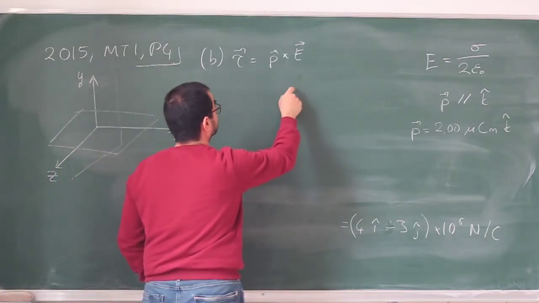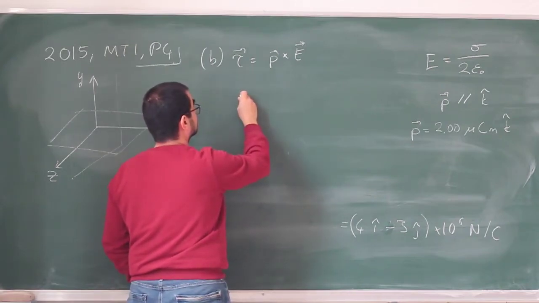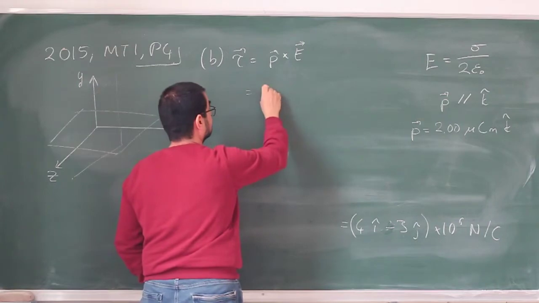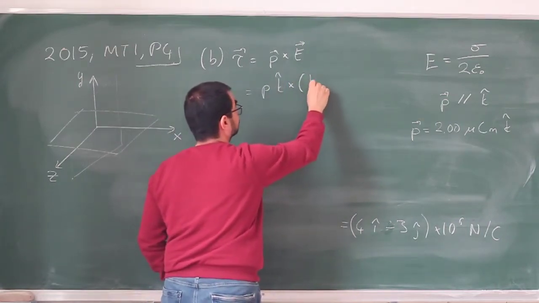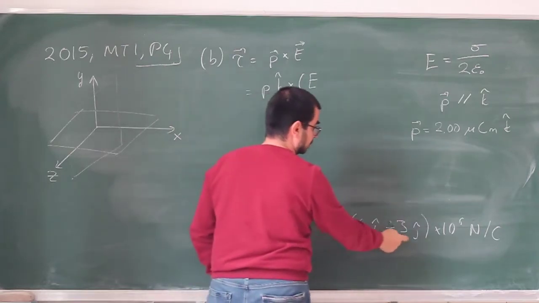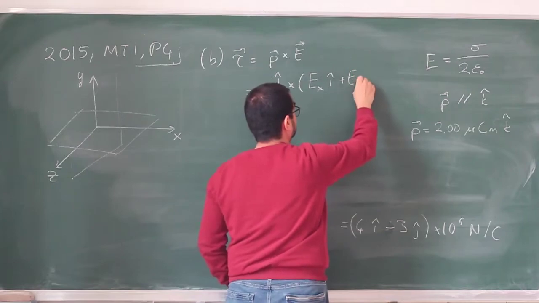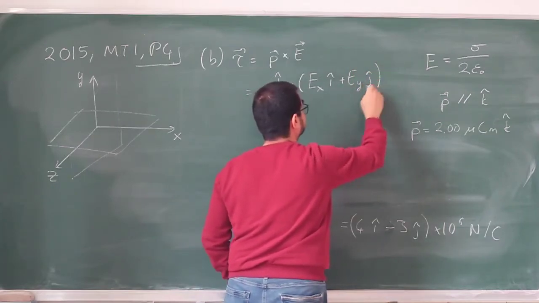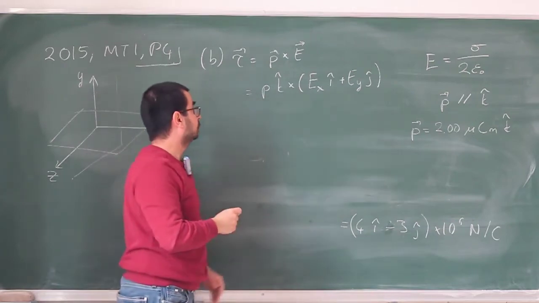Okay, so you have to take a cross product of this. So P k hat cross, this has x and y components, Ex i hat plus Ey j hat. Okay? And the way to do that is to distribute this cross product over the terms.